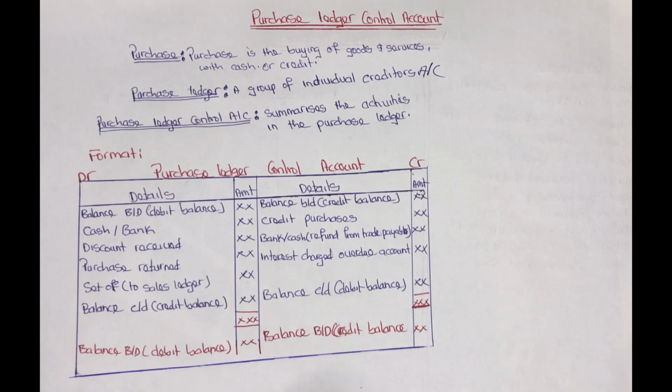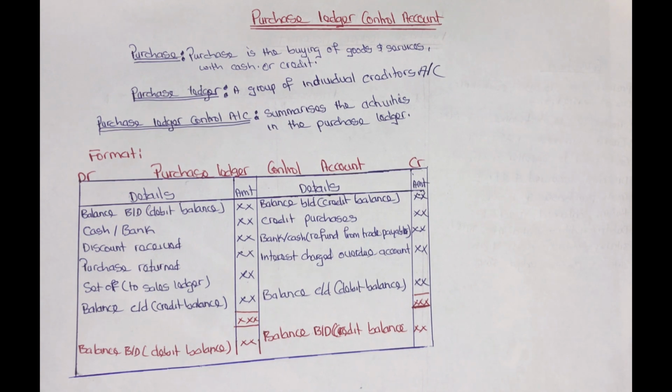Maybe the business purchased on credit and has not paid yet, and the supplier decides to add some interest to what the business is owing. We call that interest charged on overdue accounts.